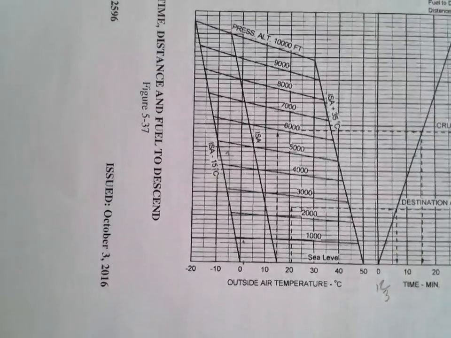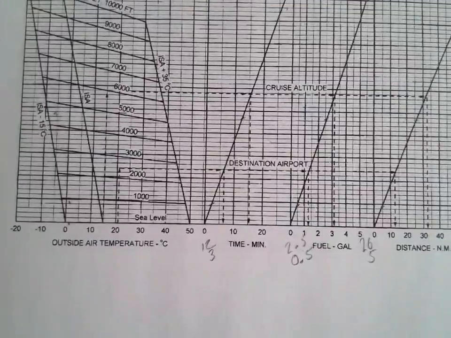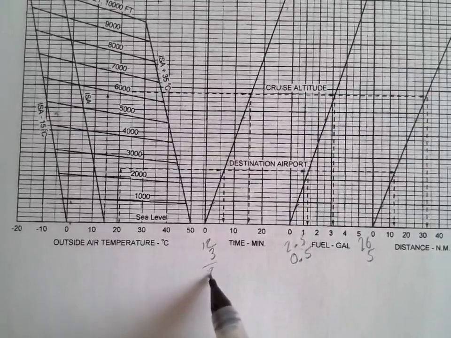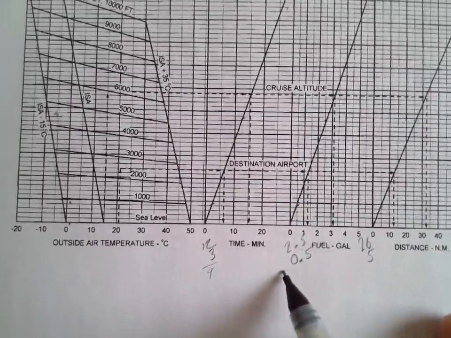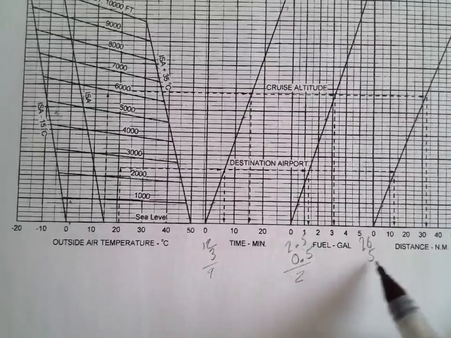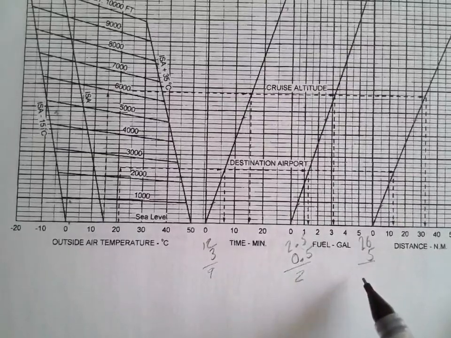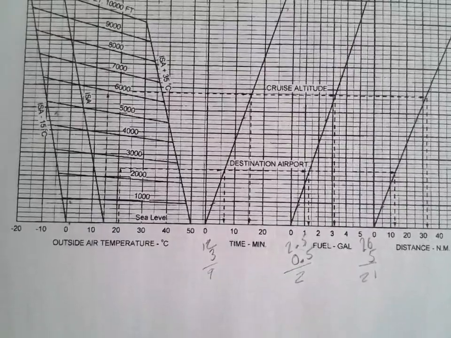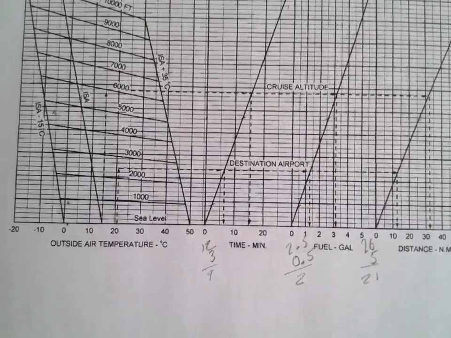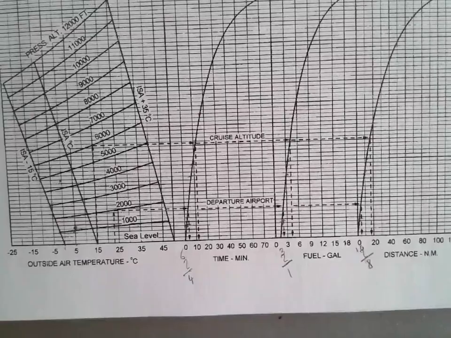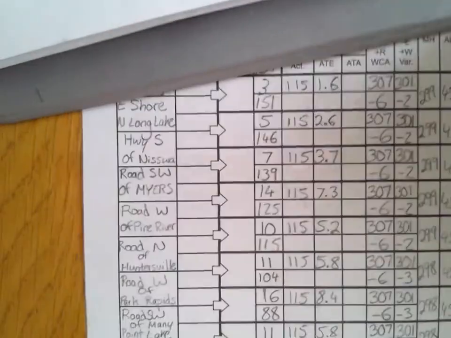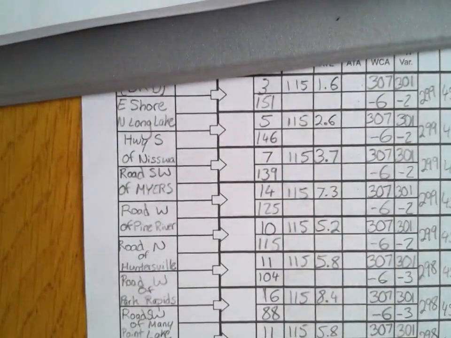So again, we'll subtract out those values here. So that's 9 minutes. That would be 2 gallons. And then this would be 21 miles. So again, we'll take that information, transfer it to our navigation log for our trip fuel information.